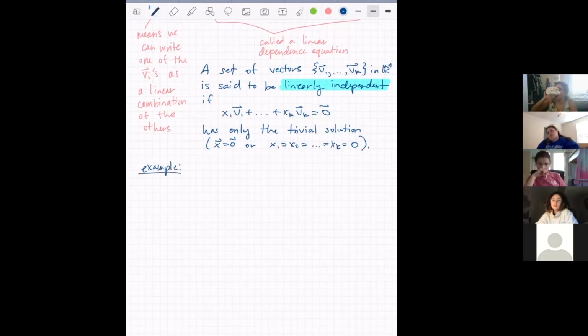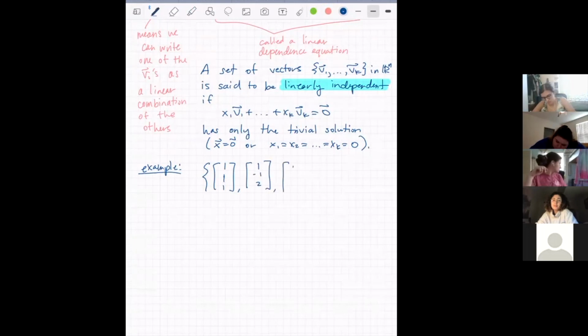Okay, so say we have a collection of vectors in R3. So (1, 1, 1), (1, -1, 2), and (3, 1, 4). So the question is, is this set linearly dependent or independent?